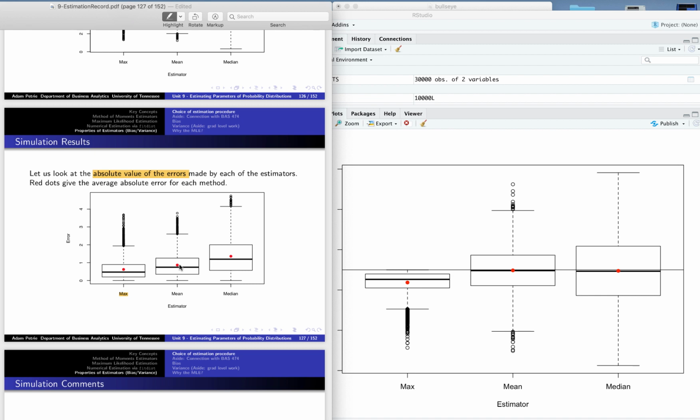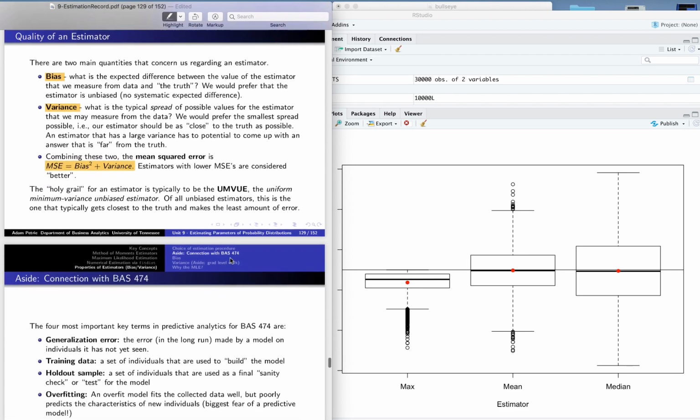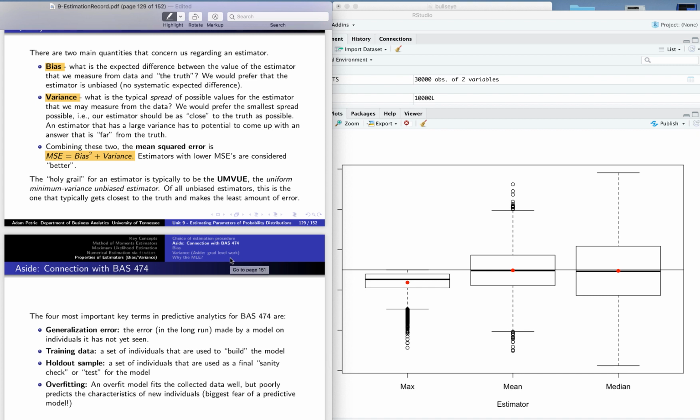Yes, it's biased, but on average, the absolute value of that error is smaller than the mean and the median.